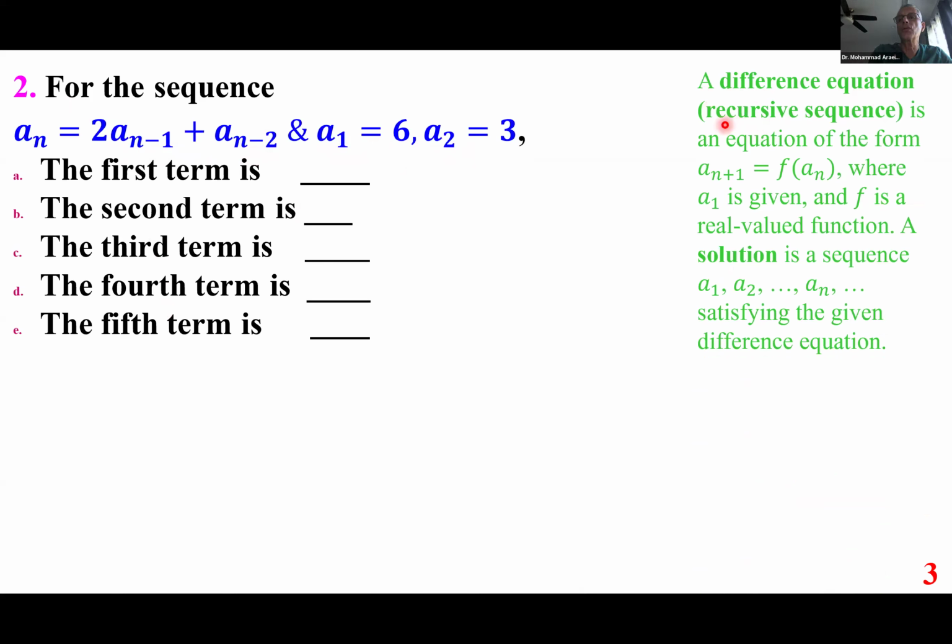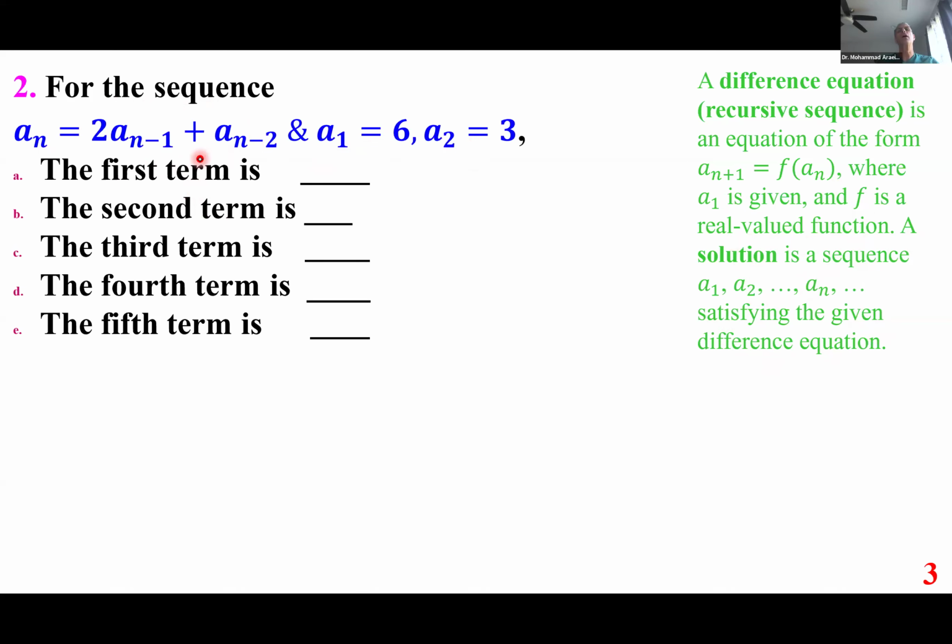A difference equation, a recursive sequence, is an equation of the form A sub n plus 1 equals f of A sub n, where A sub 1 is given, and f is a real valued function. A solution is a sequence A sub 1, A sub 2, A sub n, satisfying the given difference equation. So for example, right here, this is called the difference equation. It's a recursive sequence. A sub 1 is known, A sub 2 is known. So we have the first two.